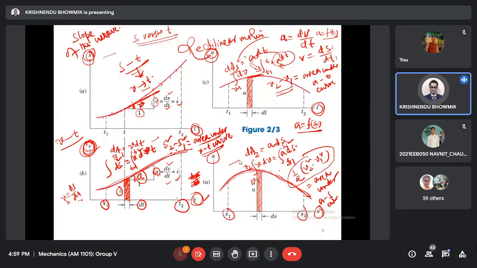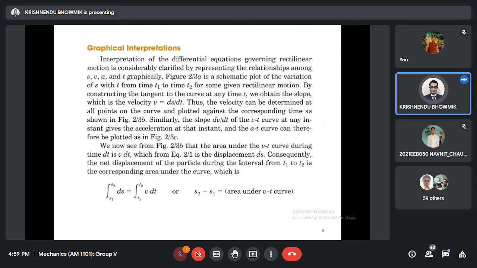Now if any problem or function is given to you, you can solve this type of problem and get the solutions. Nothing more. I am just highlighting the physical significance, or graphical interpretation, of the different curves.